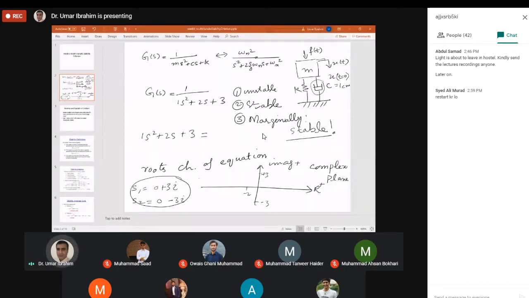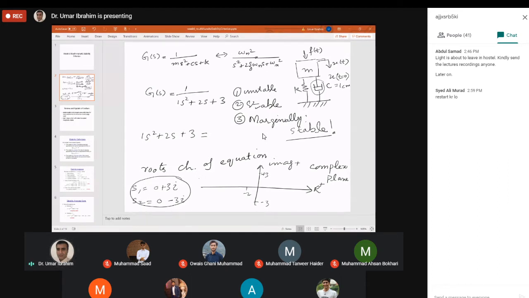So we can also tell whether the system is stable. So far we have discussed 2 ways to find whether the system is stable or not. Number 1, physically testing the system by giving it a bounded or finite input and checking the response of the system as t approaches infinity.